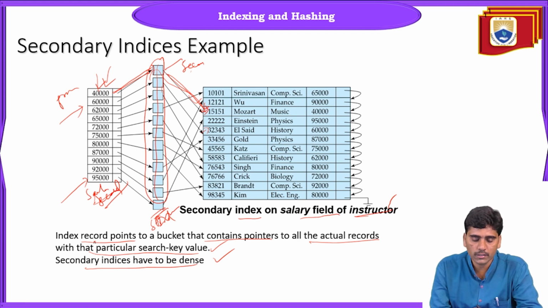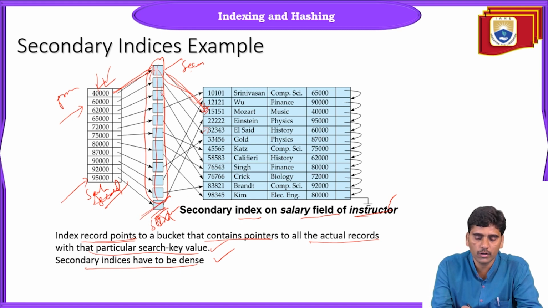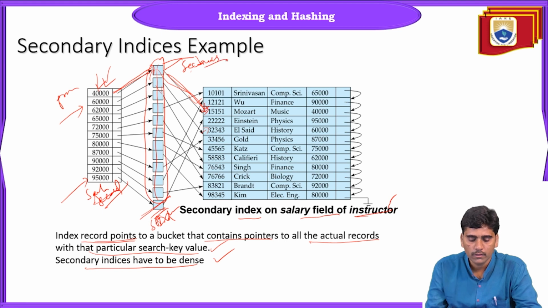The index record points to a bucket that contains pointers, so we can call these buckets. The buckets contain pointers to all the actual records with that particular search key value. And secondary indices have to be dense indices.